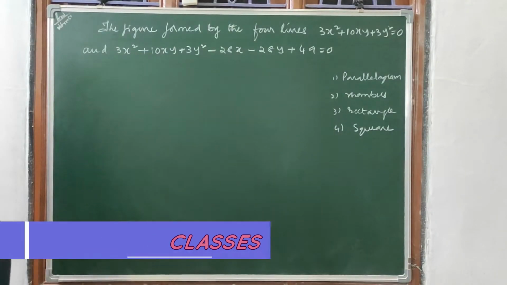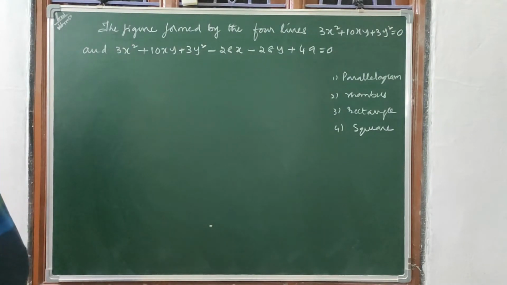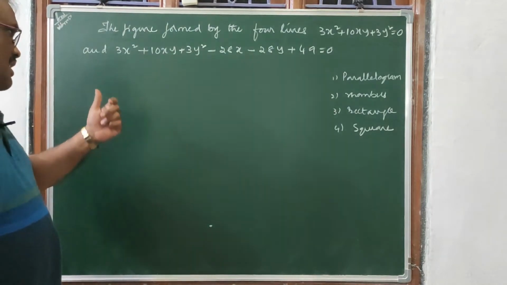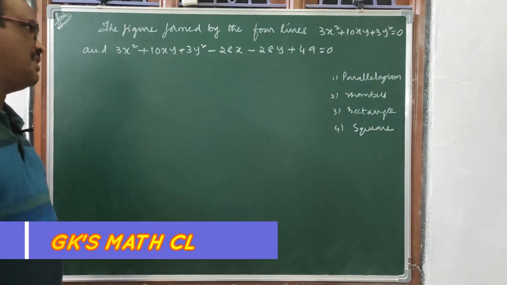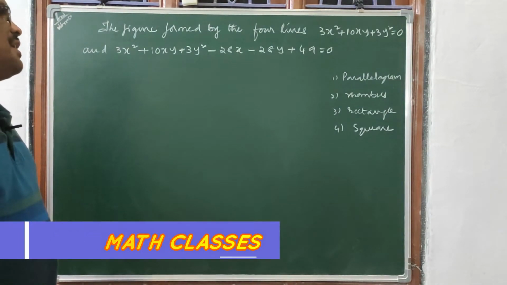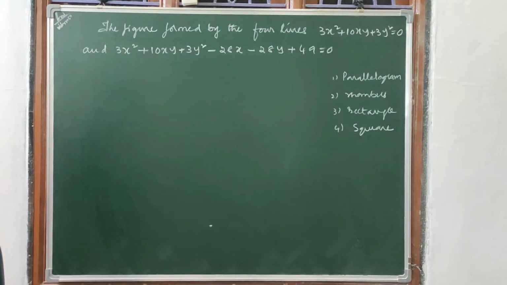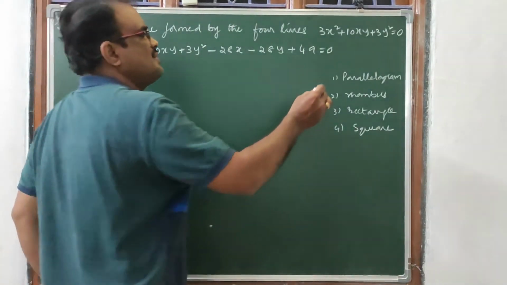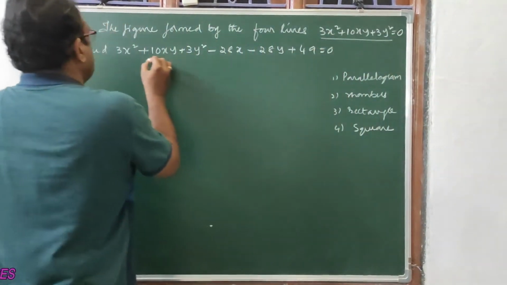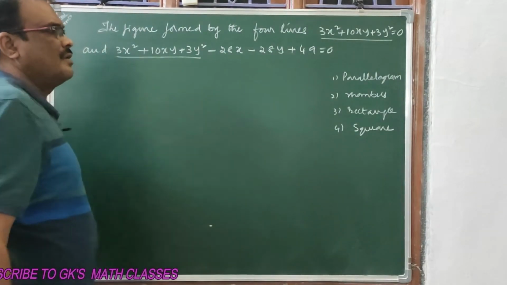The figure formed by the four lines 3x square plus 10xy plus 3y square is equal to 0 and 3x square plus 10xy plus 3y square minus 28x minus 28y plus 49 is equal to 0. If you see, the first three terms are same.